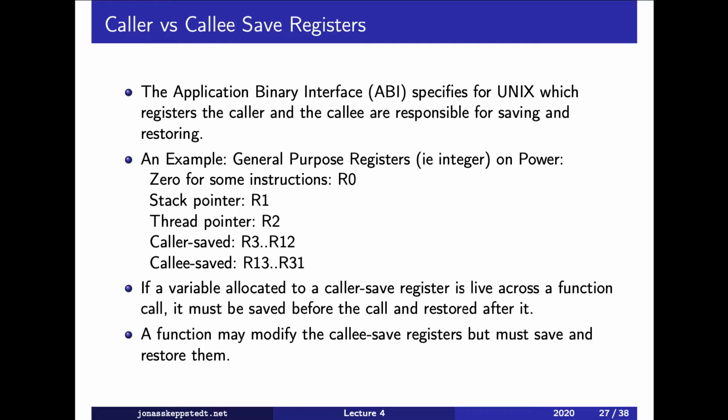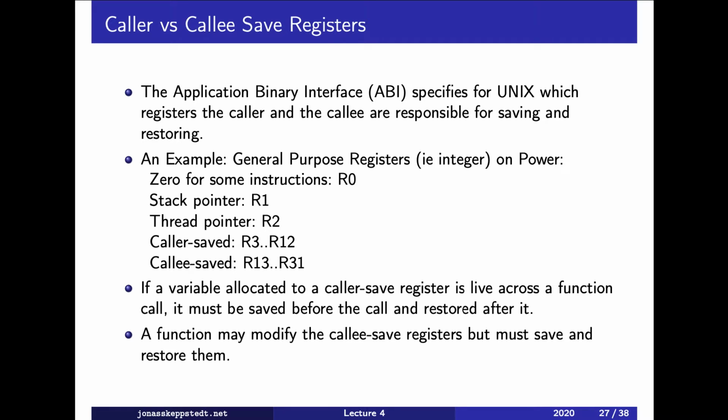A callee saved register is one which the called function must save and restore if it intends to modify it. I mentioned that R3 is the register where the first integer parameter is passed. That's a caller saved register.